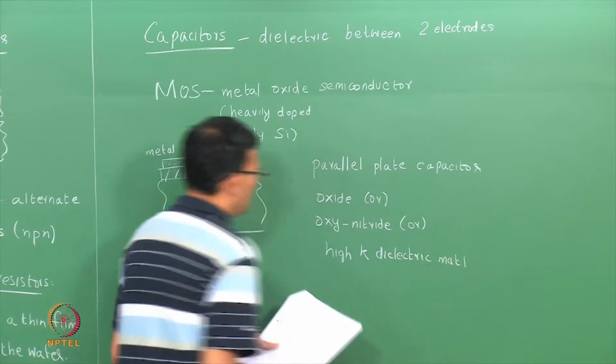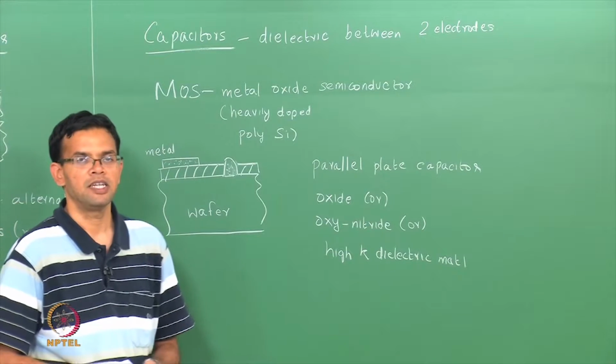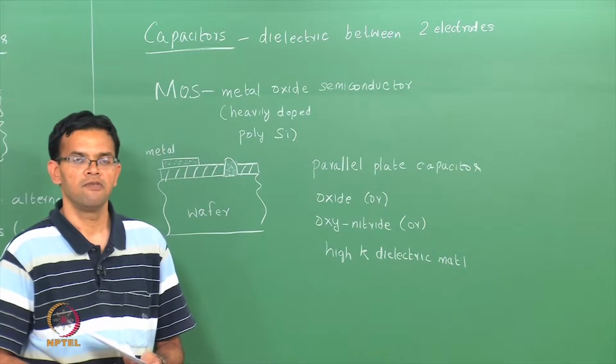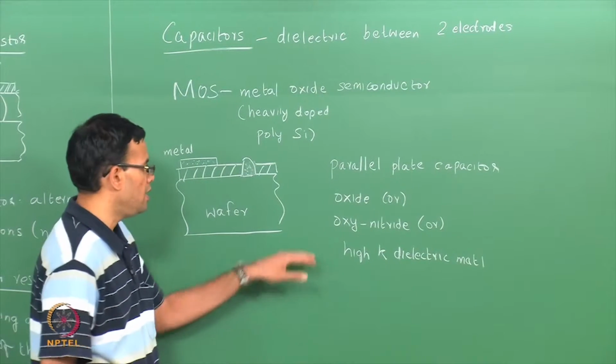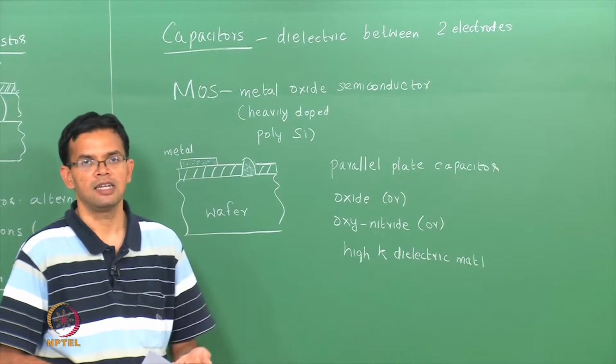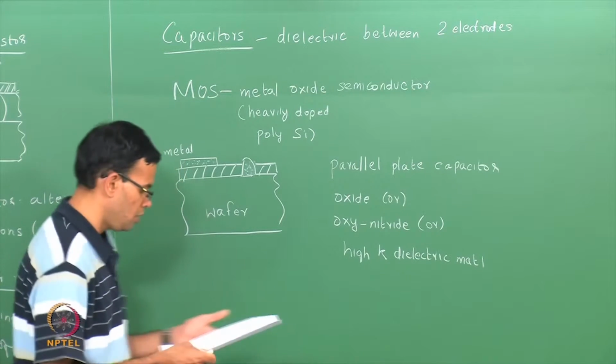The choice of your dielectric material and the thickness will determine the capacitance of this junction, but which again can be controlled by varying the thickness or the material.